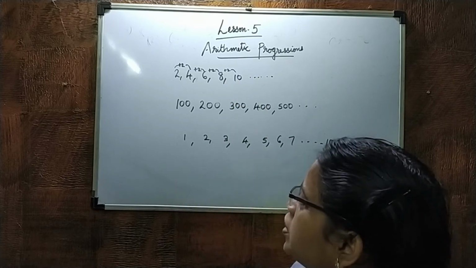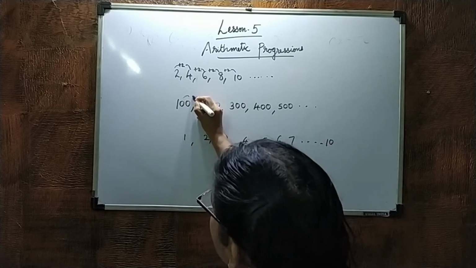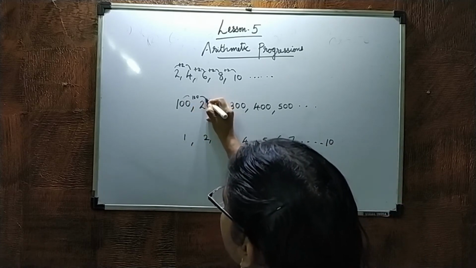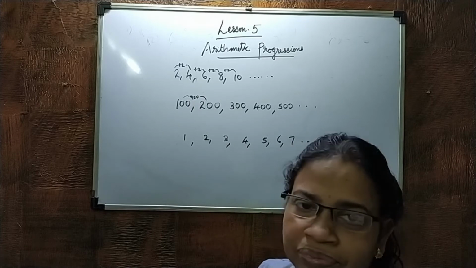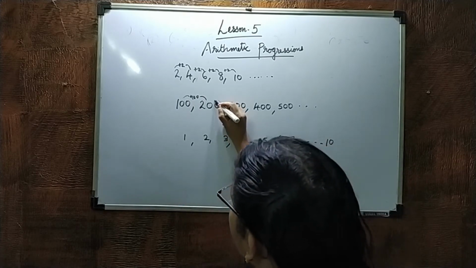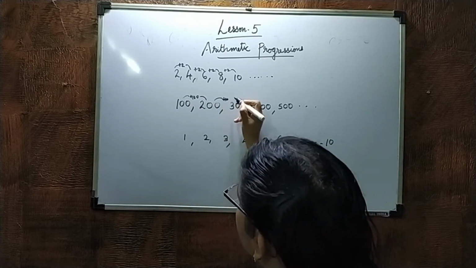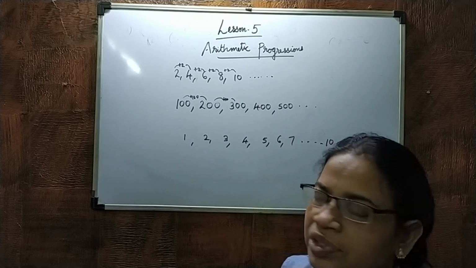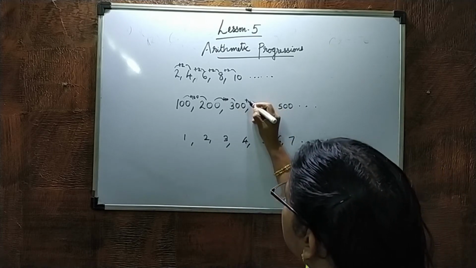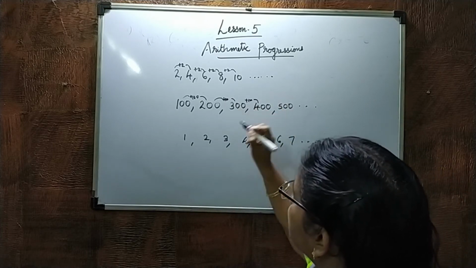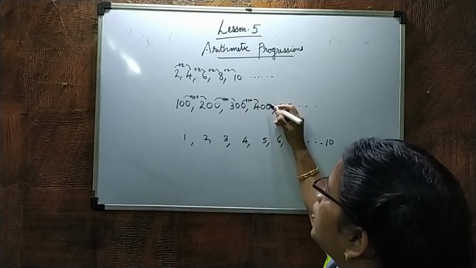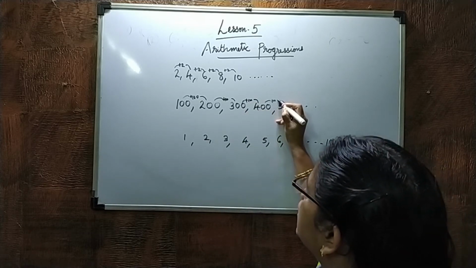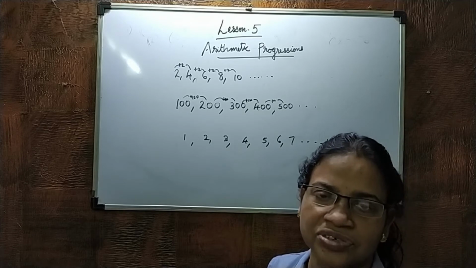You take the next one then. 100 plus 100 you will get 200. 200 plus 100 you will get 300. 300 plus 100 you will get 400. 400 plus 100 you will get the answer 500, etc.